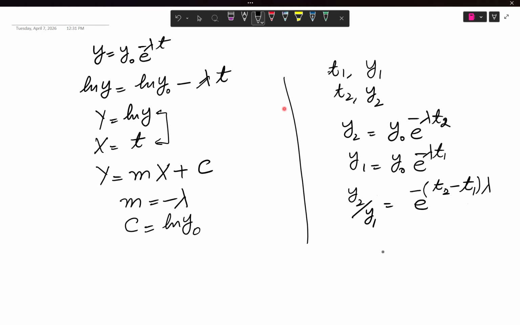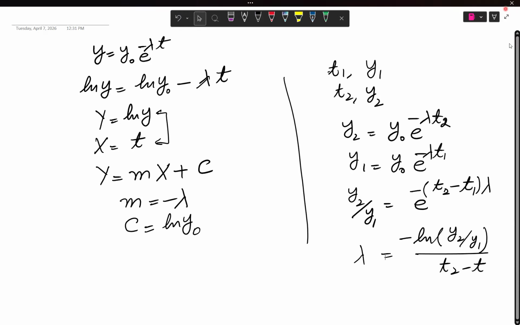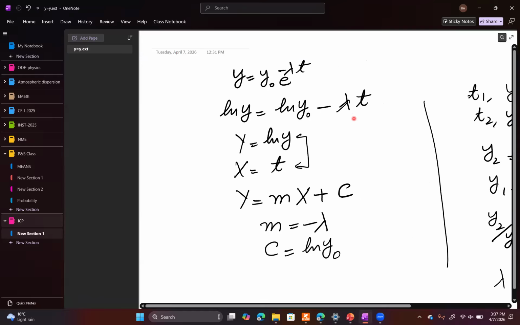And then you can define the lambda value as negative log of y2 over y1 divided by t2 minus t1. So you can take any value for the pair t1, y1 and any pair for t2 and y2. So let's implement that.